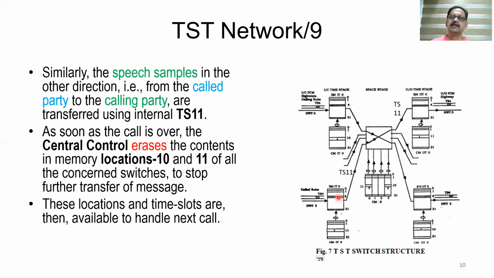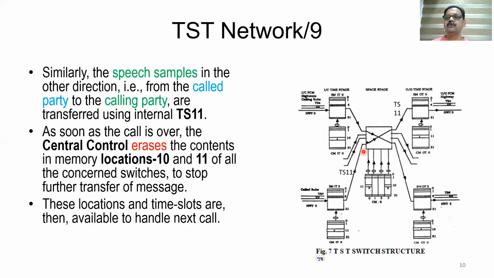Because it is to be transferred to internal time slot 11, TS11, when the control memory's 11th location is read, the address of speech memory location 6 is furnished. So the information from speech memory location 6 in time slot 11 is transferred.